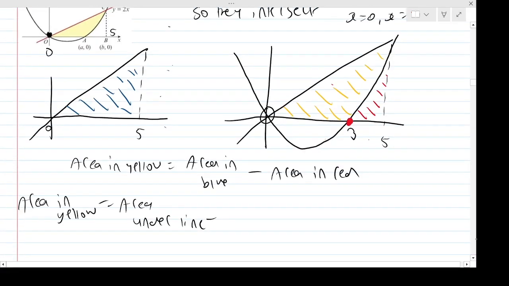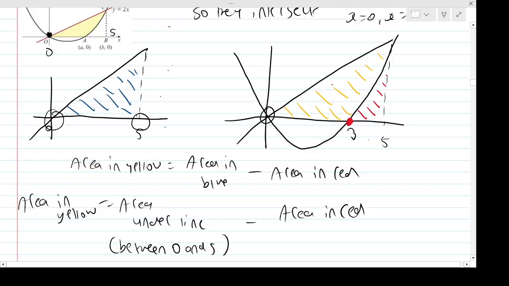The area in blue is the area under the line between 0 and 5. Take away the area in red, but it would not be between 0 and 5, because as we discussed, the area in red under the curve is between 3 and 5. Very important distinction there.